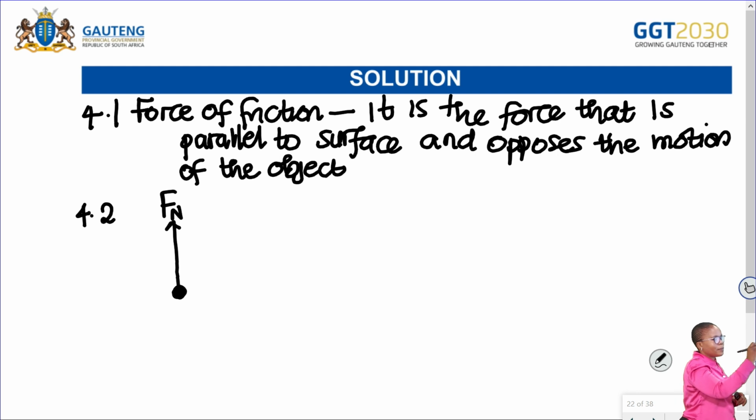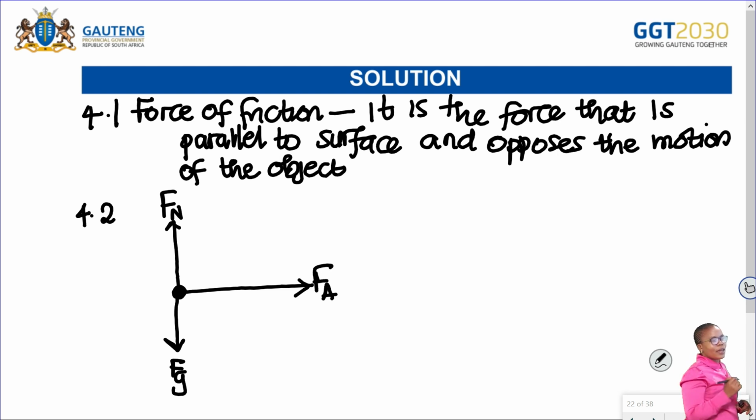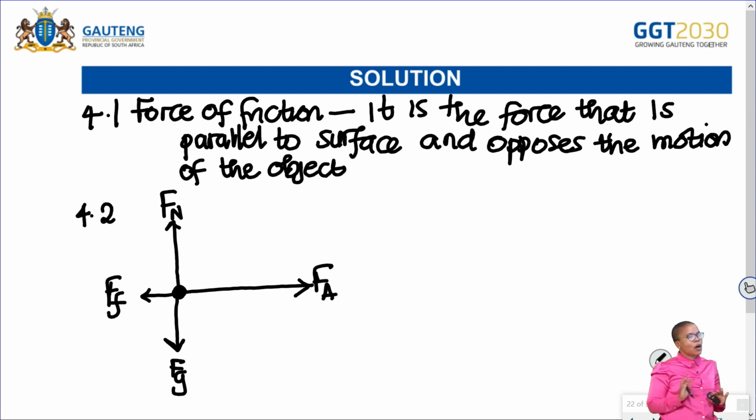Gravity. Horizontal force of 100. We're going to call it FA, applied force, and then frictional force. That is how beautiful it is done. So 4 marks, 4 forces, it's still like that.